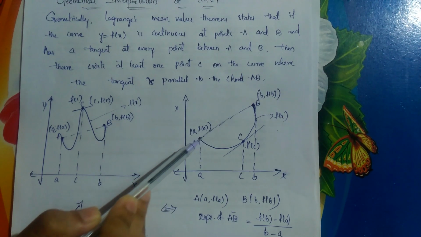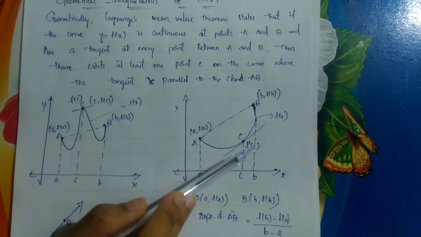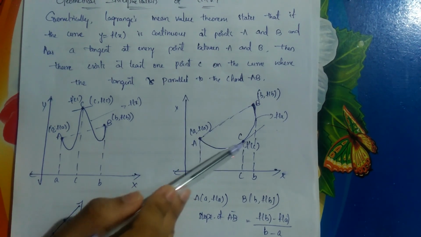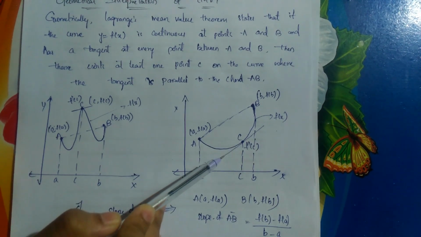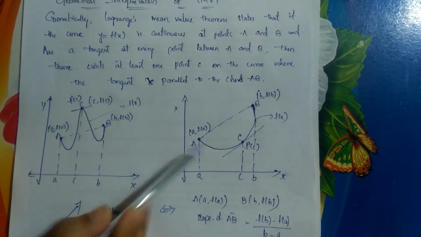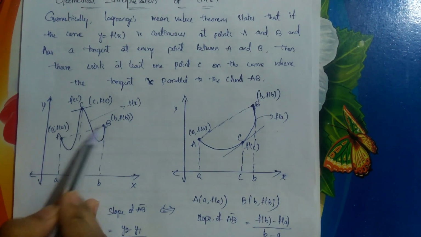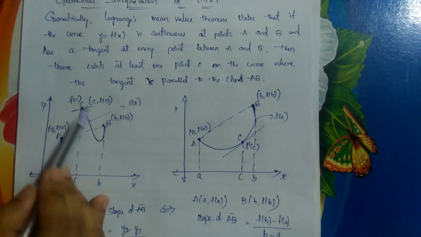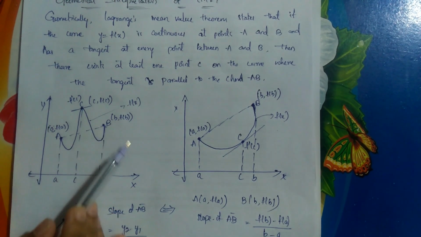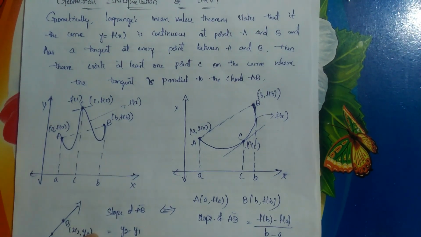This is the chord AB, and these two lines are parallel. We are finding the derivative at C, which is the slope of this tangent. Here also the same: this is the chord AB and the tangent is parallel to the chord AB, and the slopes of these two are equal because the slopes of two parallel lines are equal.